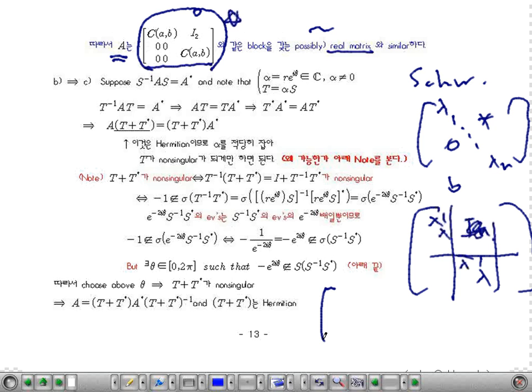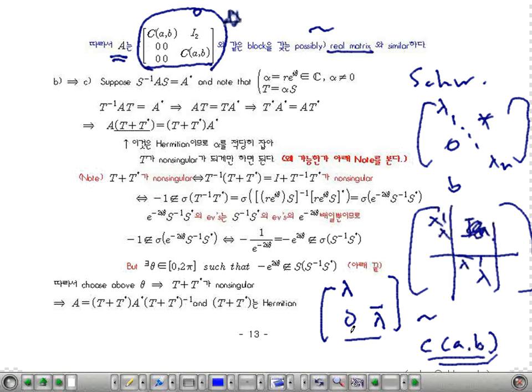So anyway, all we have to think about is the case that lambda is here and lambda bar is here, whether it's 0 or not. From here we can find the similarity from here to this matrix.